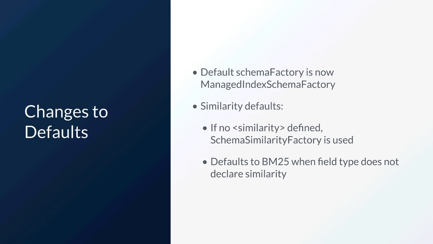So that'll be the default behavior. If you want to go to what I think is considered the classic schema factory, I forget its exact name, you are able to do that, and then you can manually edit schema.xml the way we have since the start.